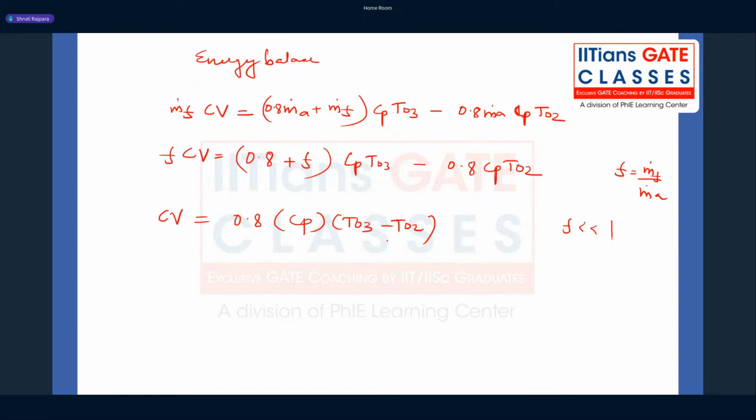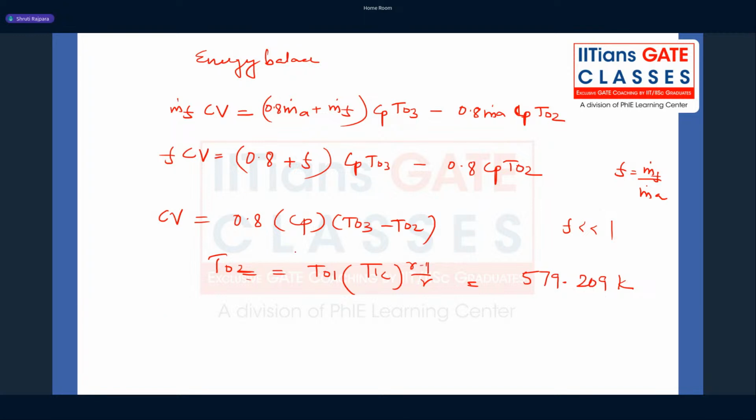So here we can find out what T02 is using the isentropic relation, T01 times pi c to the power gamma minus 1 by gamma. Pi c is 10. So we'll find T02, which comes around 579.209 Kelvin.